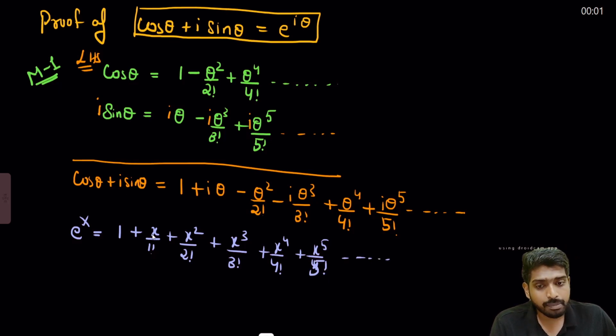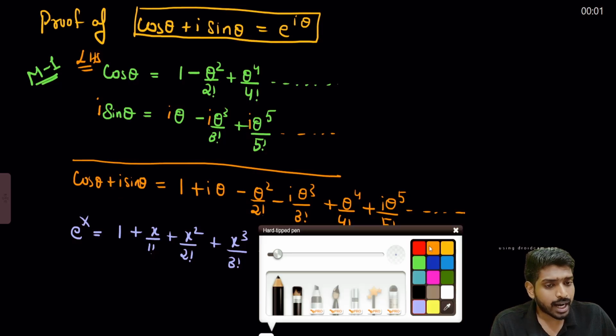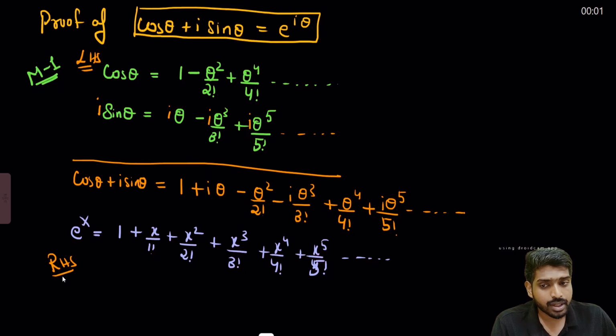So now in place of x, I'll keep iota theta, to get the right hand side, the expansion of e to the power iota theta.